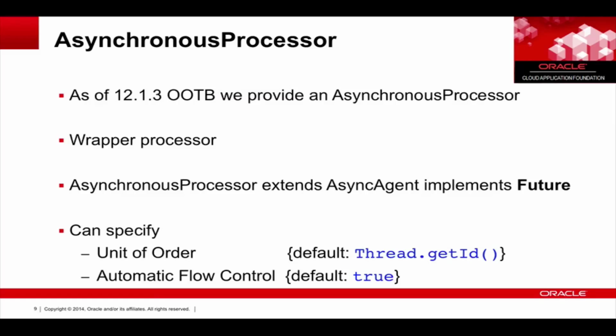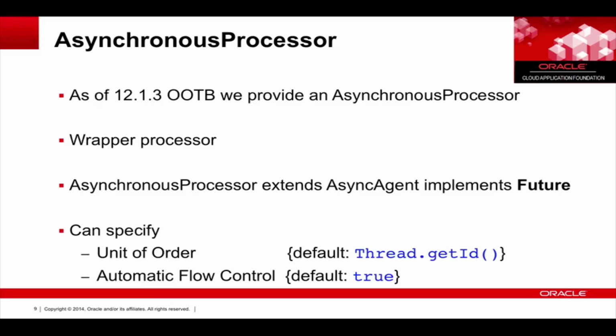One way is the unit of order. We mentioned in the previous slide about this invoking 1, 2, and 3. What preserves that order on the storage side is something called unit of order, and by default we use the current thread's ID. So when we kicked off that new thread to do the invoke 1, 2, and 3, we ensure that order is maintained because it's the same thread that's doing the submission of those requests.